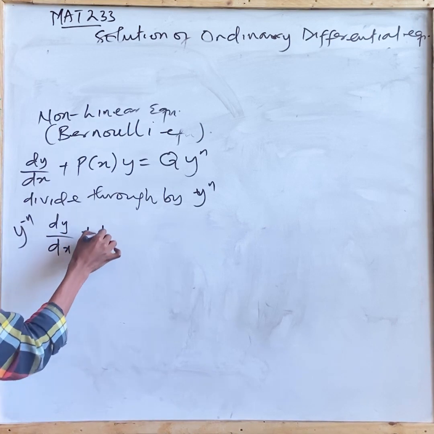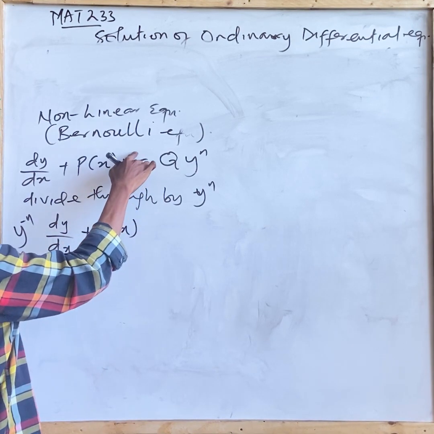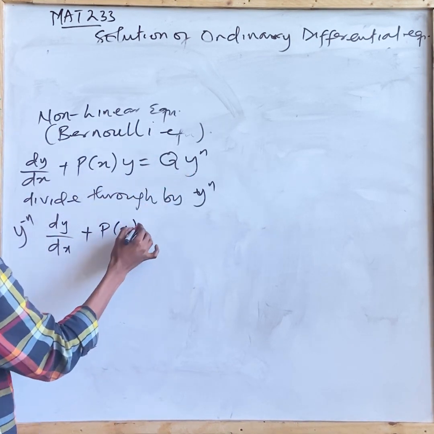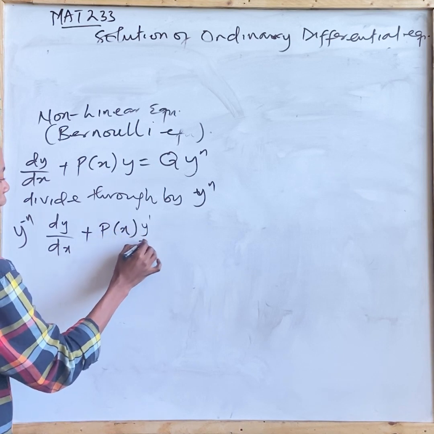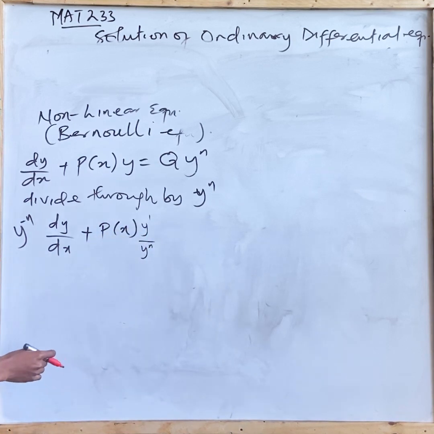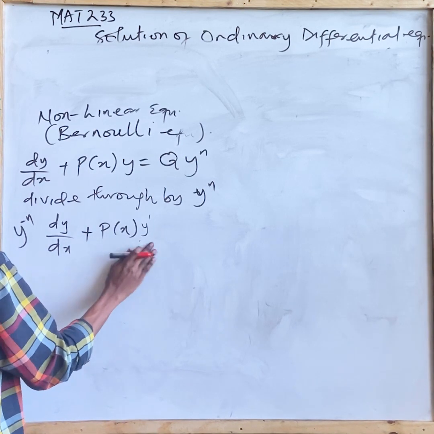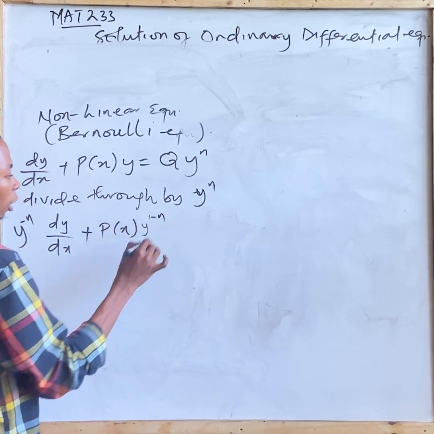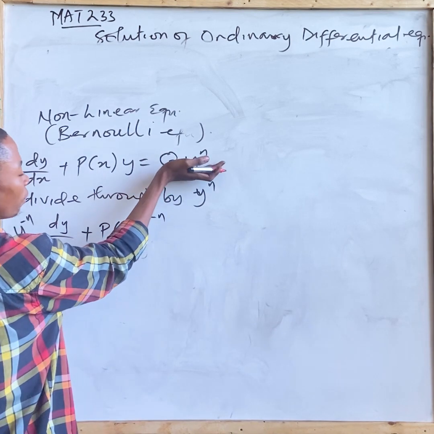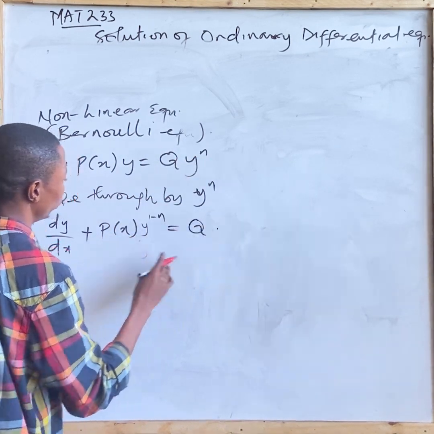Good. So plus p of x times y. I want to divide by y raised to power n, it means that I want to do y^1 divided by y^n. And you know from indices, x raised to power a divided by x raised to power b is x raised to power a minus b. So this one will be y raised to power 1 minus n. And if I divide this side by y^n, it will remain only q.